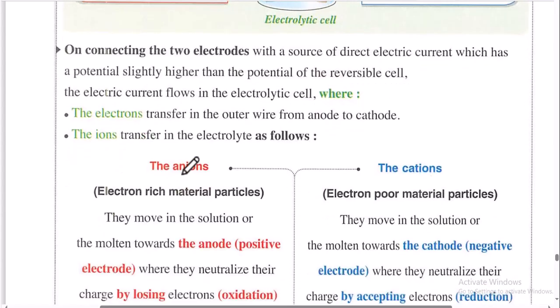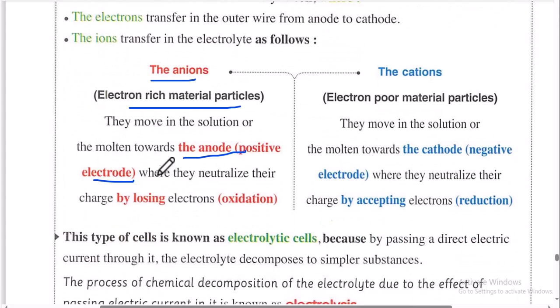So anions go to the anode to be oxidized, and cations go to the cathode to be reduced. Anions, electron-rich particles, go to the anode, the positive electrode, as anions have a negative charge, to be oxidized by leaving electrons and neutralize their charge at the anode. Cations, positive ions, go to the cathode.